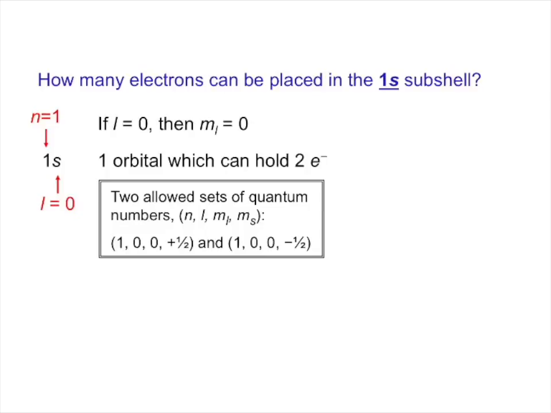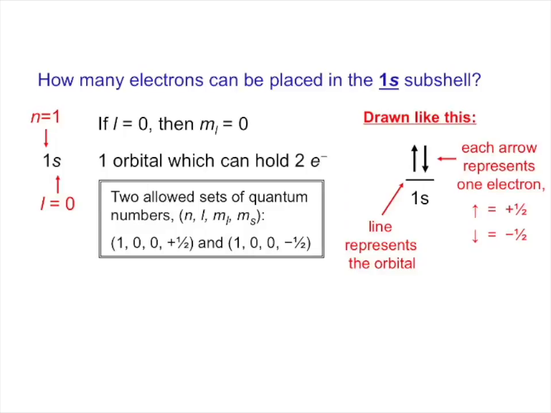So we can write that there are two allowed sets of quantum numbers here: (1, 0, 0, +1/2) and (1, 0, 0, -1/2). This is helpful because it introduces the idea that we'll often write sets of quantum numbers with parentheses, commas in between each number, and in order: principal, azimuthal, magnetic, and spin quantum number.